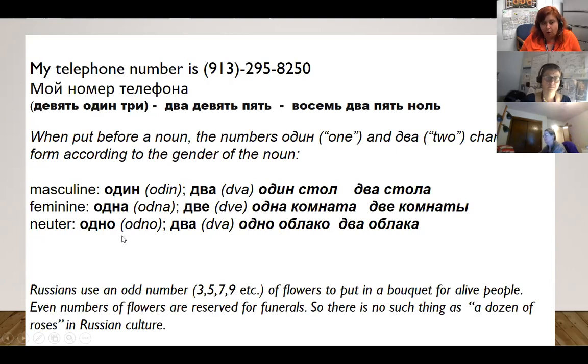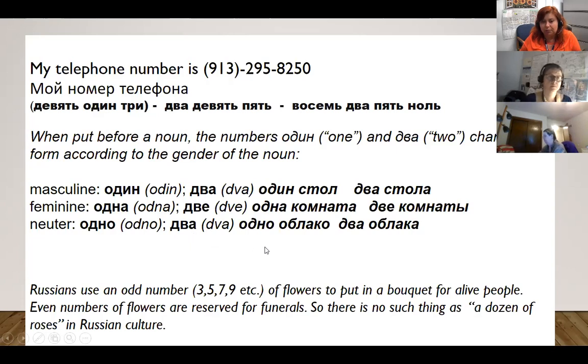So одно облако, два облака. So you see, in masculine, we say один, in feminine, we say одна, in neuter, we say одно. Or два in masculine, две in feminine, and два in neuter.